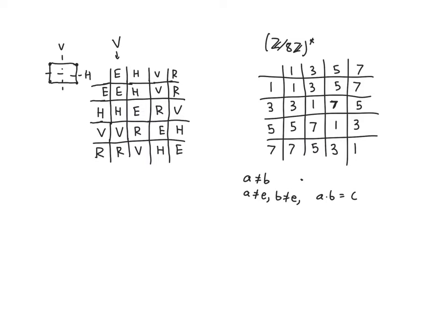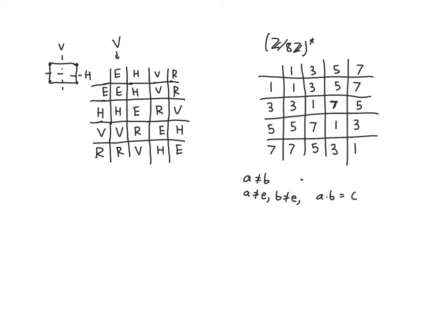And in fact, this is actually true always. H times V must be R, H times R must be V, and so on. And this also happens to be true for this multiplication table. So you can check. It's a pretty cool fact. Or at least I thought it was cool the first time I observed it.